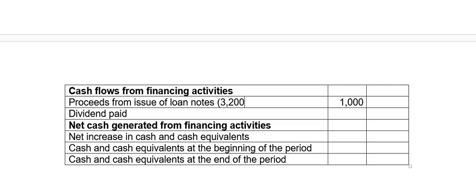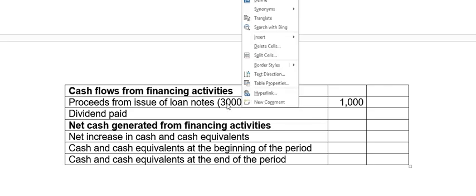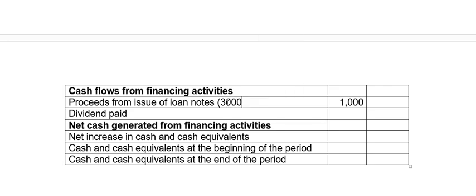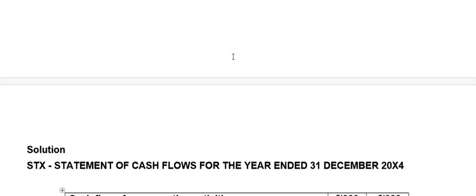So proceeds from the issue of loan notes, that's an increase in the non-current liability that falls under financing activities. 3,000 minus 2,000 gives us 1,000. Dividends paid, that's per the additional information.